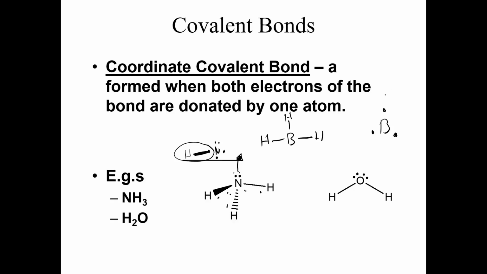But boron is one of these exceptions: it will make 3 bonds with hydrogen, and then it still has an empty p orbital. So there is another orbital, and I'm just going to draw it like that. There's a p orbital here, and it's empty.